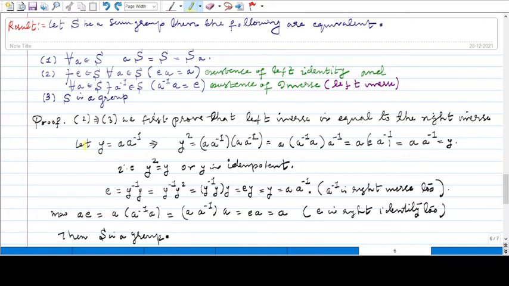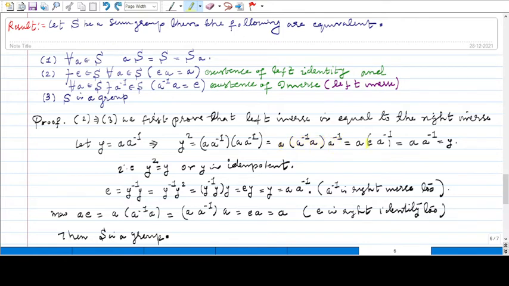So first I take y equal to a inverse. This implies y squared equals a inverse times a inverse, which, by using the associativity in the semigroup, is a inverse a times a inverse. We can change a inverse a to be e.